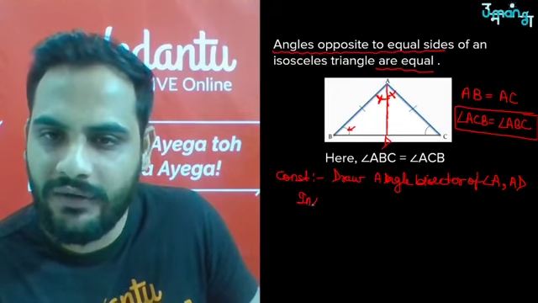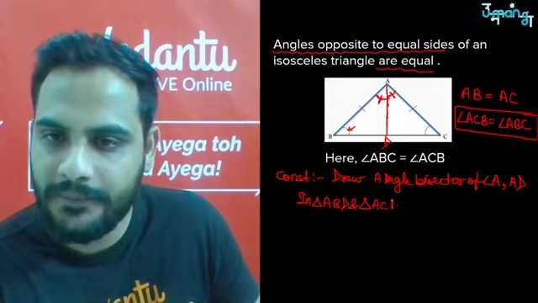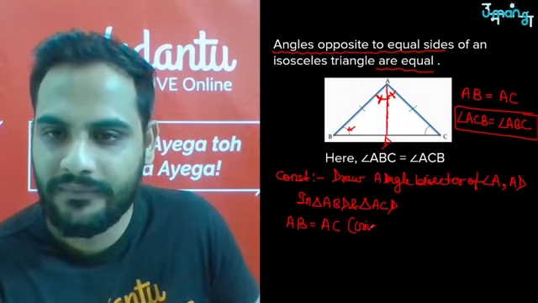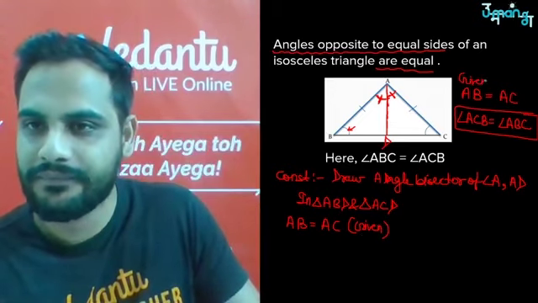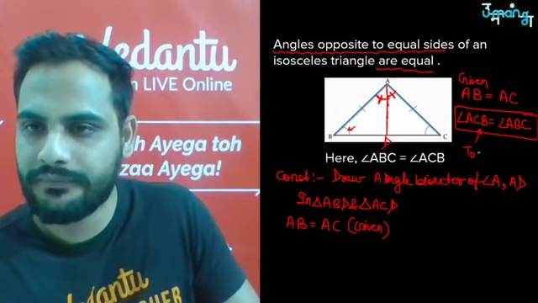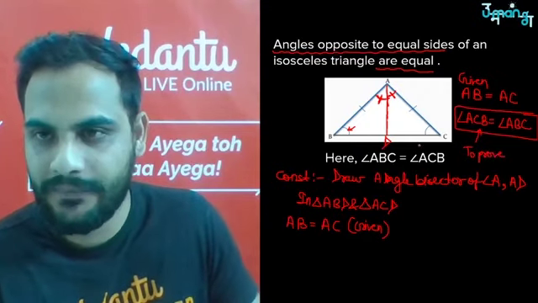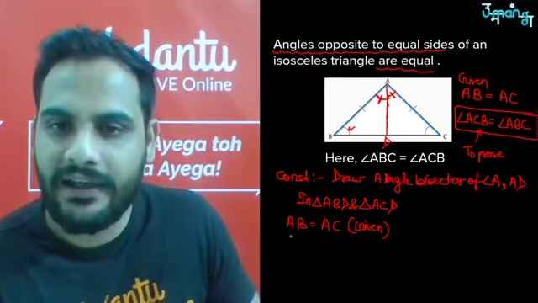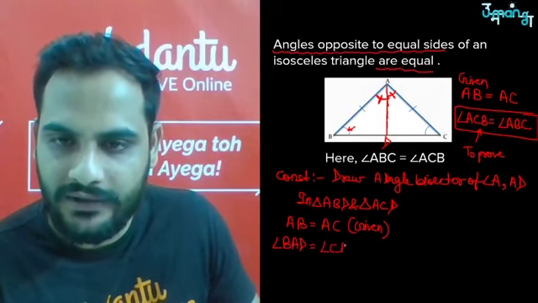I will say, in triangle ABD and triangle ACD, if you look carefully, first, AB is equal to AC. It was given. Equal sides are given. After that, by construction, if AD is the angle bisector, I can say angle BAD is equal to angle CAD.